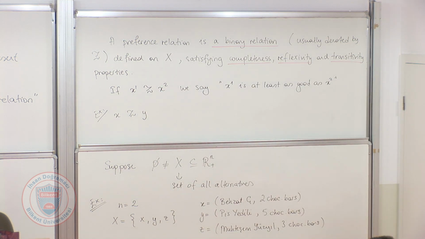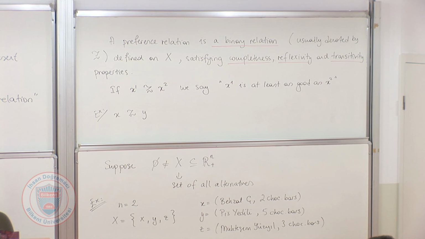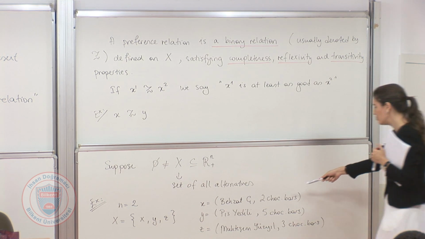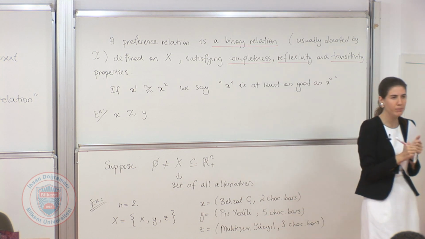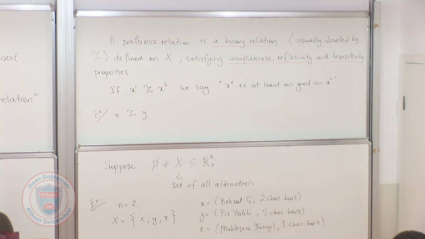What does that mean? Do you think it definitely means that I like Behzatçı and 2 chocolate bars more than Muhteşem Yüzyıl and 3 chocolate bars, or it also allows for something else? Also allows for equality. Right, so in the preference world, we're going to call it indifference, okay? But you'll see when we come to the utility world, it's going to be equality. But here we call it indifference.